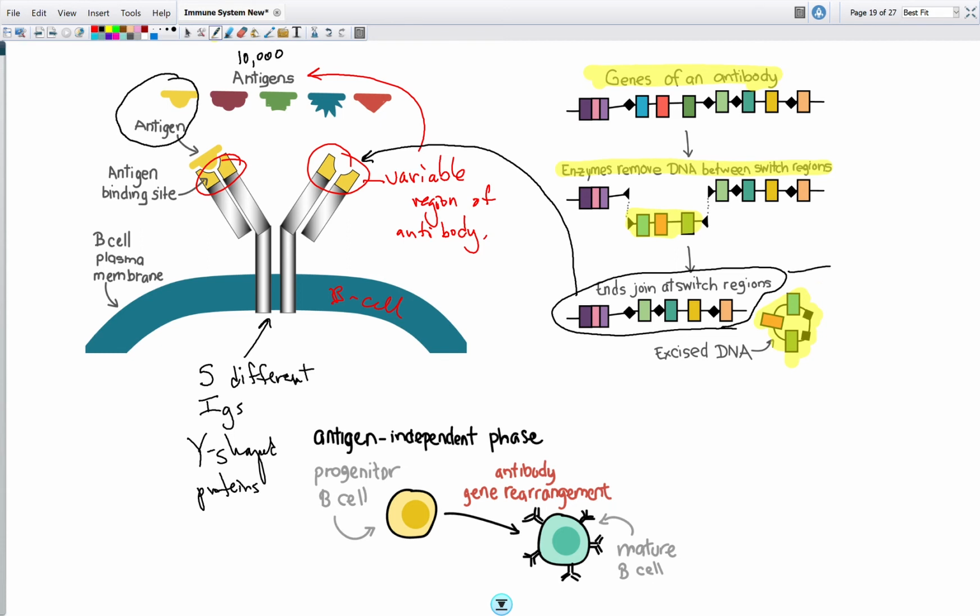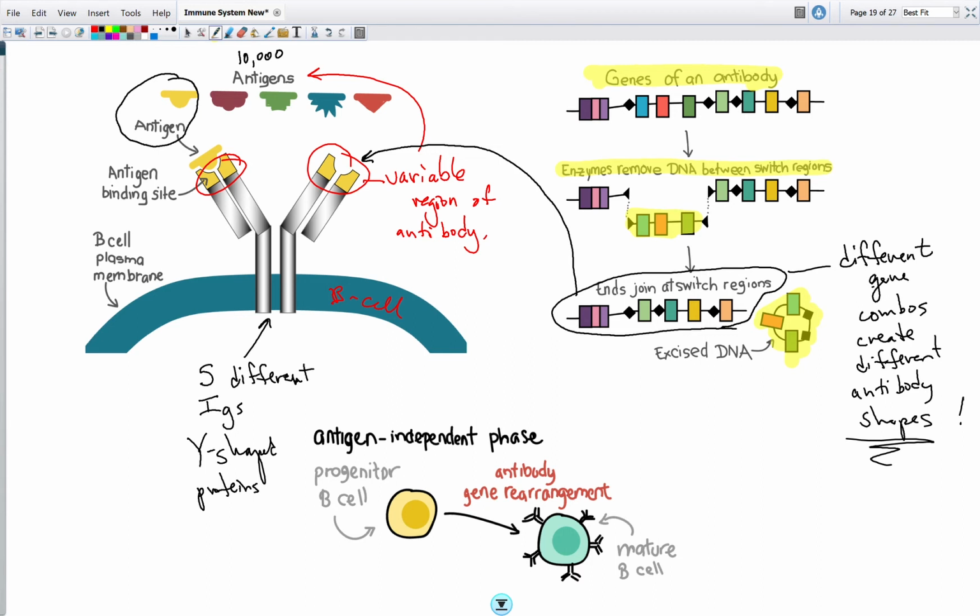But different gene combinations create different antibody shapes. And this is what protects us from all those different antigens out there. This is what we mean by adaptive immunity. You adapt your antibodies to match the shape of those antigens coming in, which is amazing.